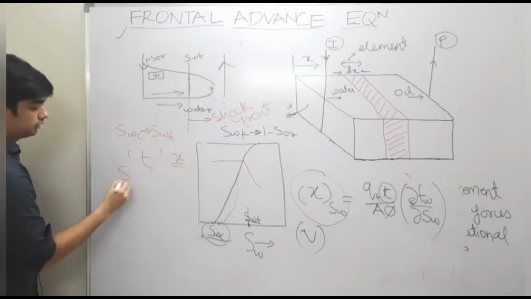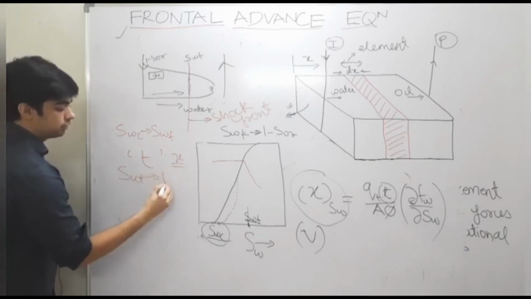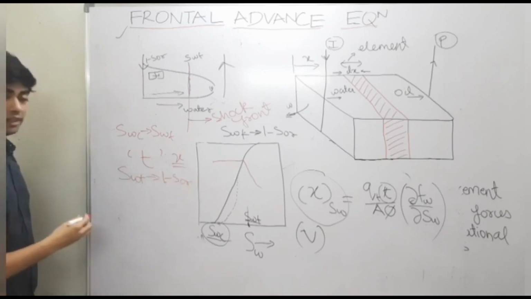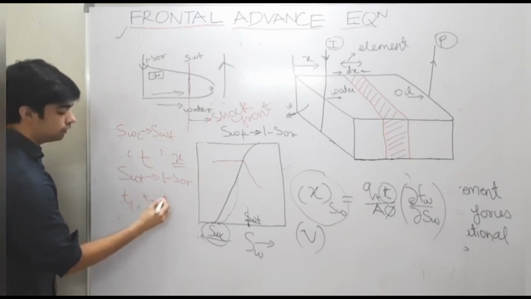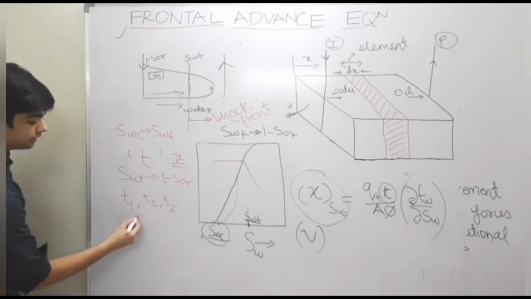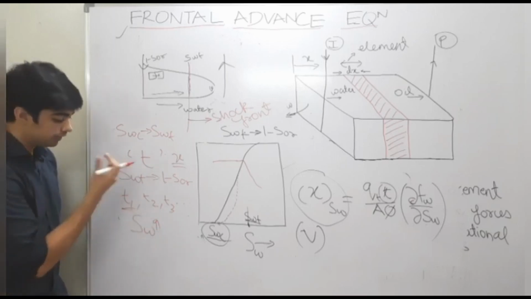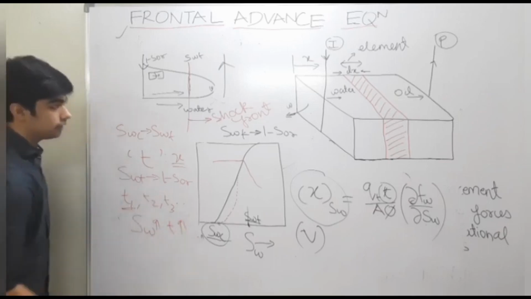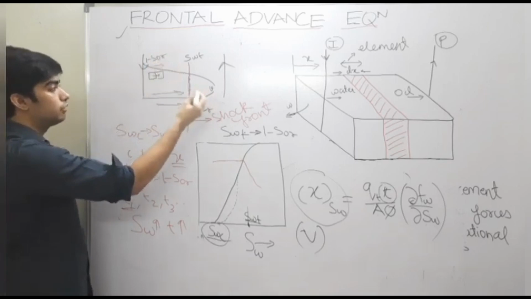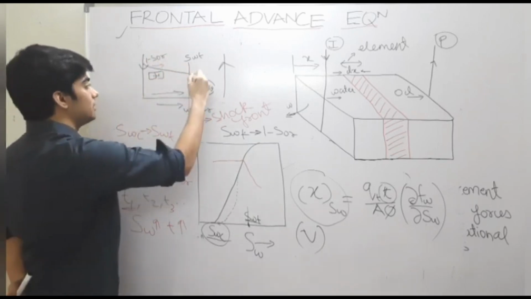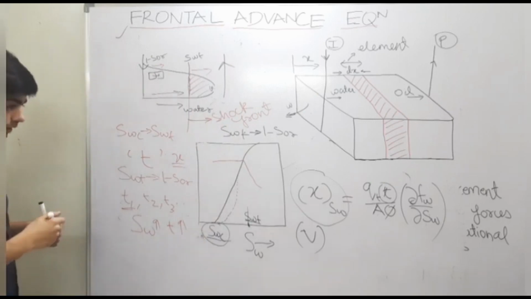But from SWF to 1 minus SOR, depending upon their saturation, they will take different times. One will take T1, one will take T2, one will take T3, and so on. As the saturation increases, the time taken by the saturation block to move ahead will also increase. So this higher saturation block will move ahead slowly, but this specific zone will move at a fast rate, with the same speed.